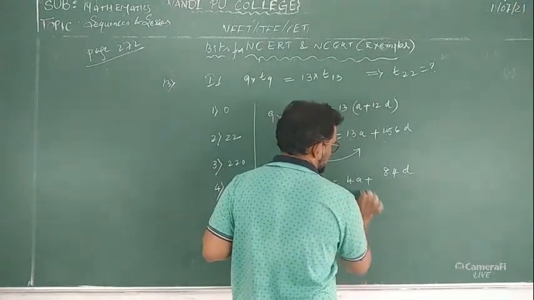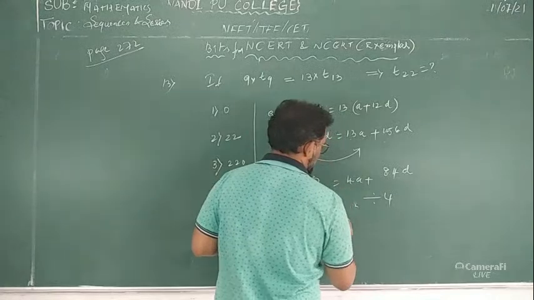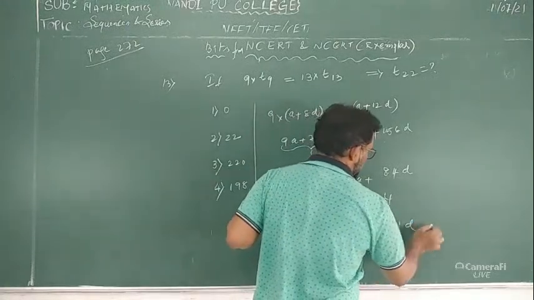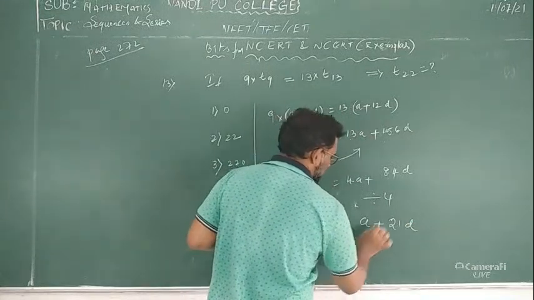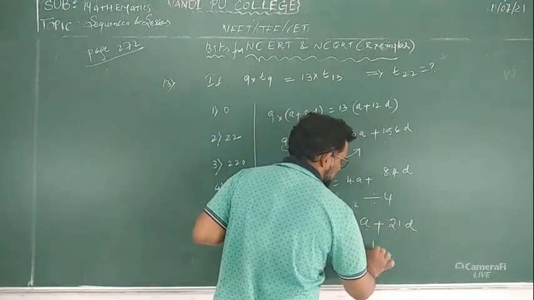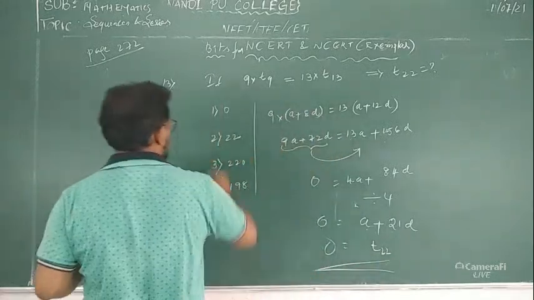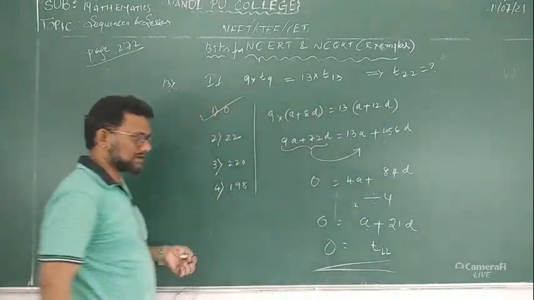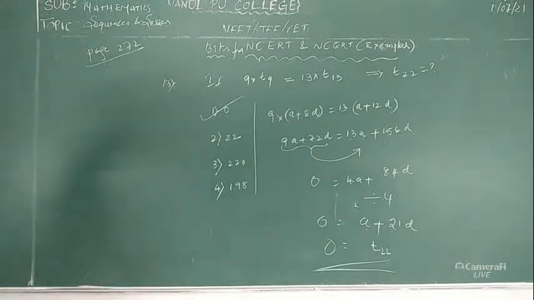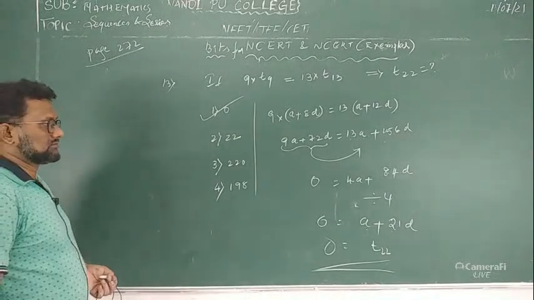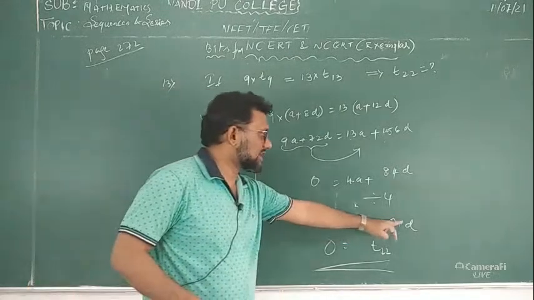If you divide by 4, then we have A plus 21D. Above we have got, this is nothing but the 22nd term, which is 0. First option is the correct answer. So A plus 21D is nothing but 0.